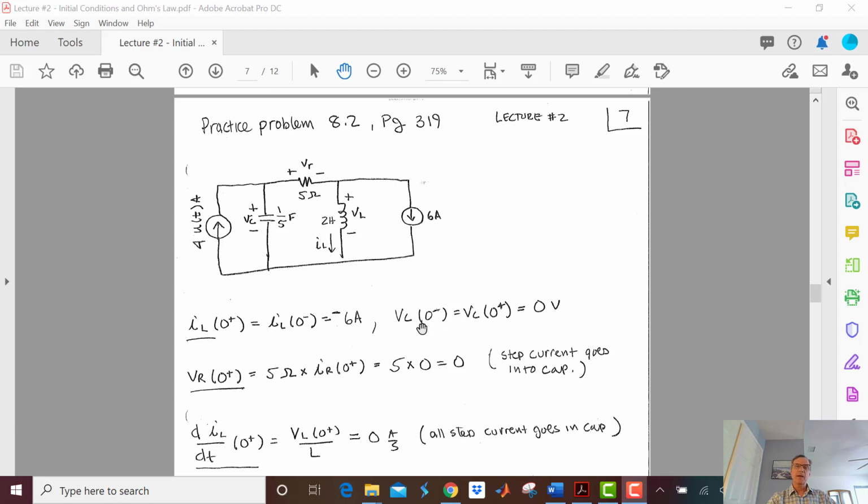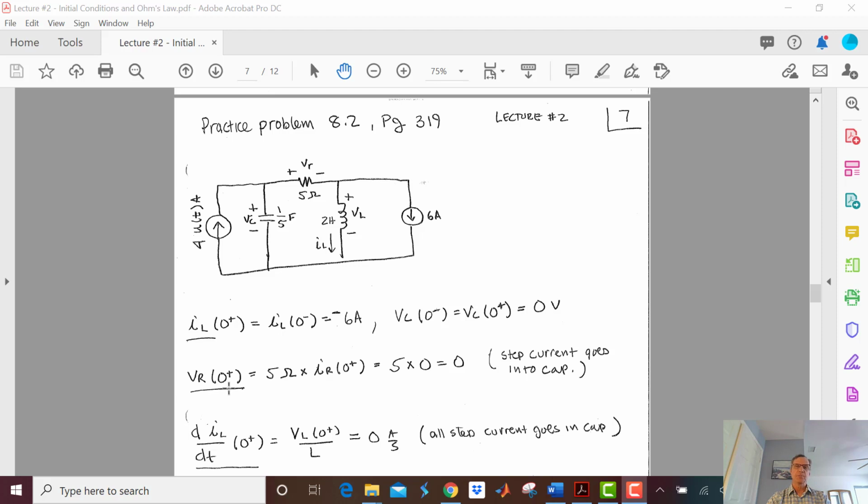So the voltage at the capacitor at 0 minus, we said was going to be 0, because remember, this was 0 volts because there's no voltage across the inductor. And we know that there's no current through this resistor because that current is 0, because it's a capacitor at steady state. This current is 0 because the current source is disabled. So this current is 0, so 0 plus 0 times 5 gives us 0 volts here. So V_C at 0 minus equals V_C at 0 plus is equal to 0 volts.